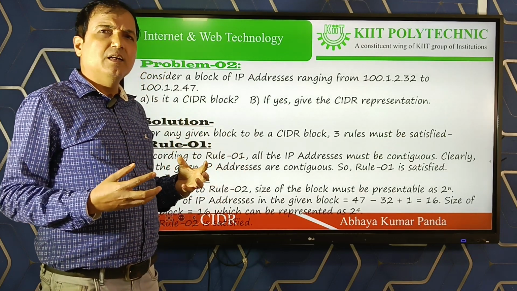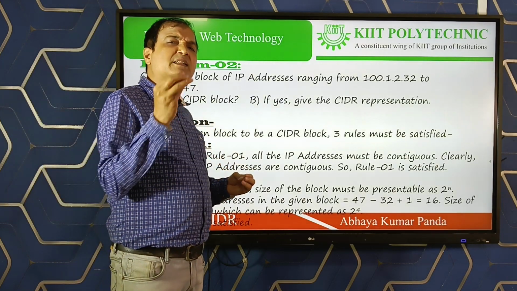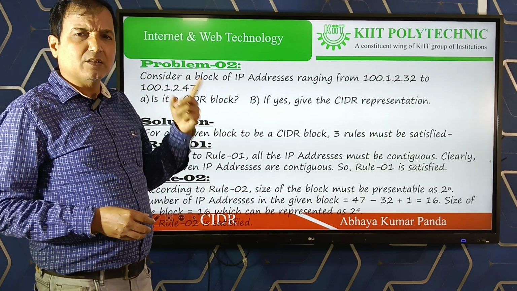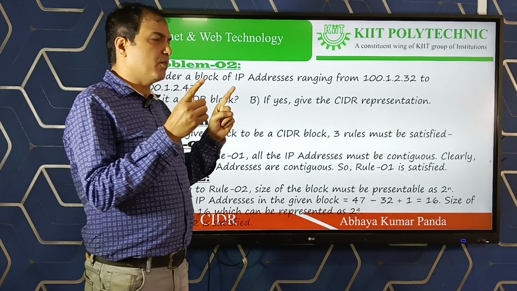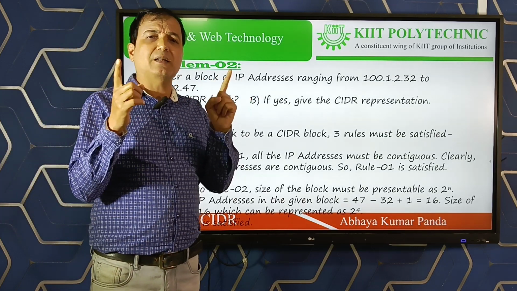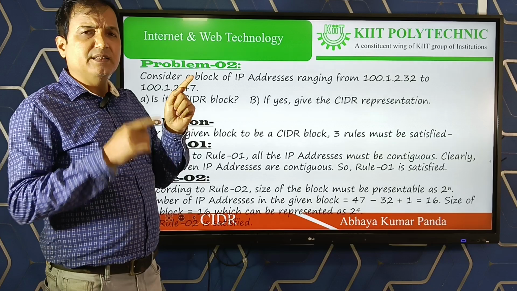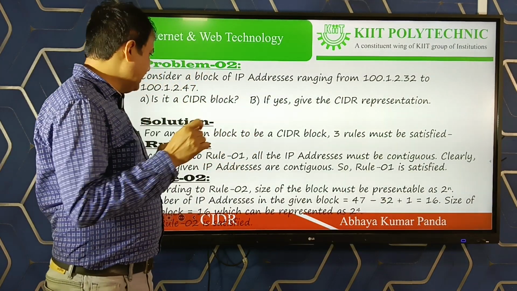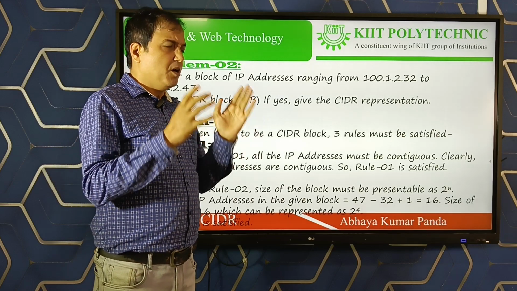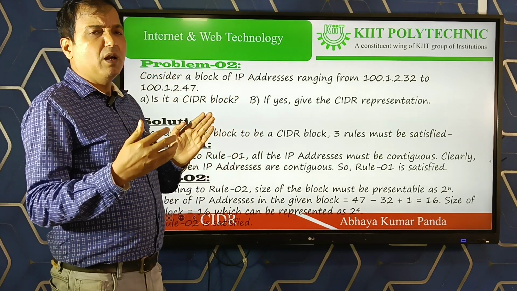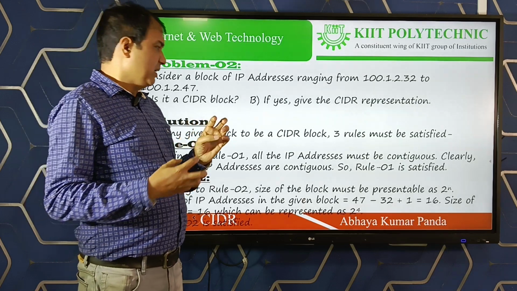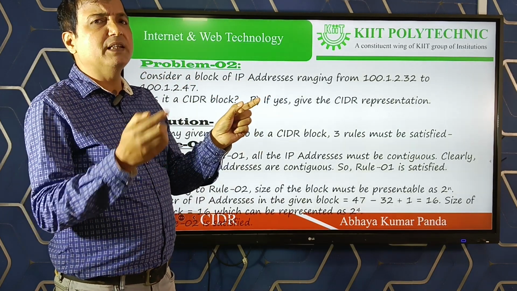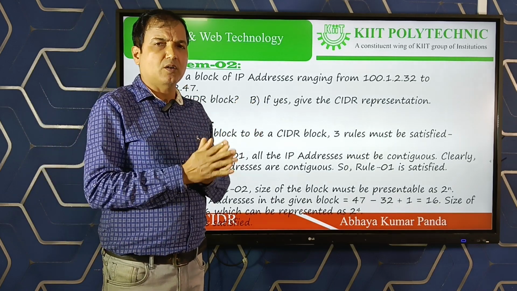How can we check? To become a CIDR block, we have to follow 3 rules. The first rule is that all the IP addresses of that block should be consecutive. The second is that the size of the block should be a power of 2, and the third is that the first IP address should be divisible by the size of that block.